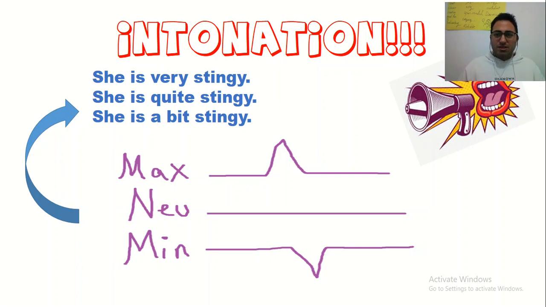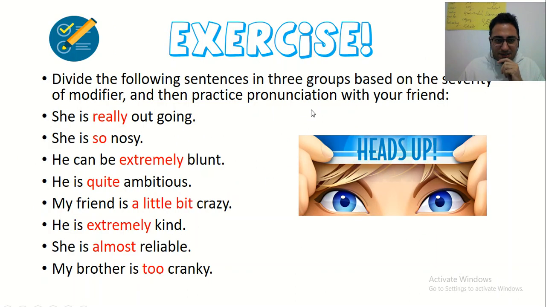Okay, so in this order, and to have further exercise, here we have different types of sentences with different modifiers, certainly with different intensity. Now I want you to be split up into two groups, and I wrote down the names on a paper.